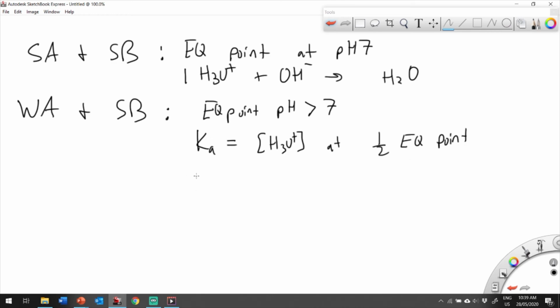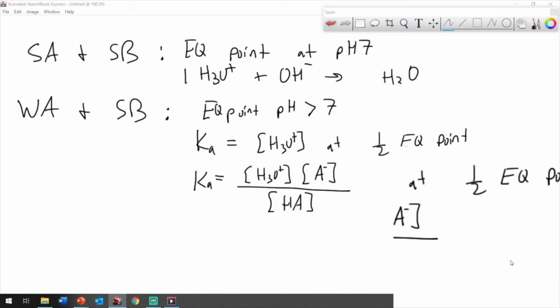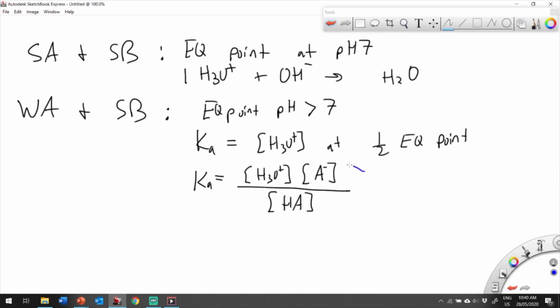And you can then rearrange the equilibrium equation of Ka to find HA. And then the reminder here, I'll just highlight this one here. This is at initial pH. And that's the important distinction.